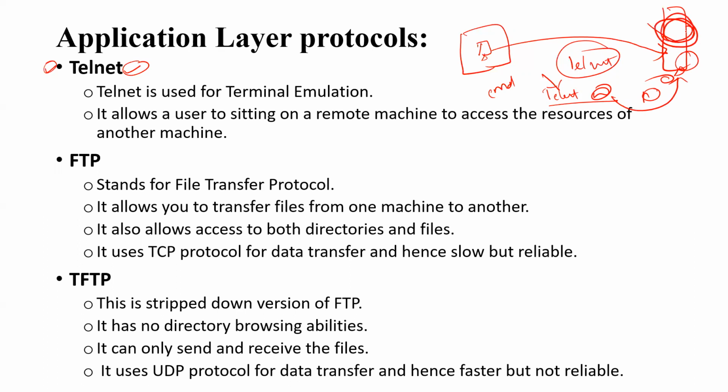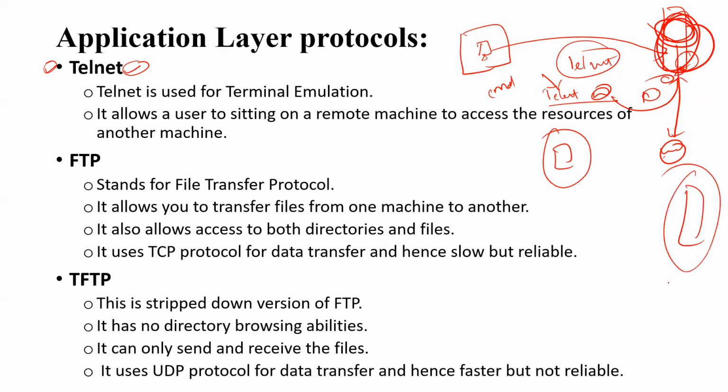If you are sitting in one location and want to access something in a different location, once you connect to that server using Telnet, you'll be able to log into the server and make whatever modifications you require. Suppose you are sitting in India and your server is placed in the US.